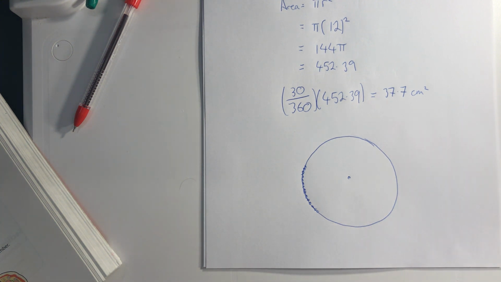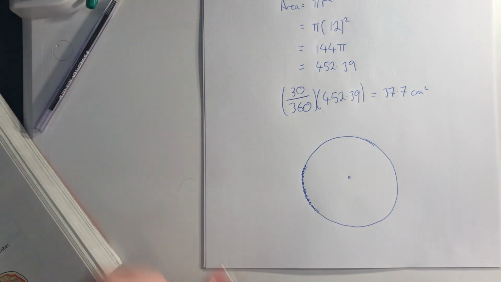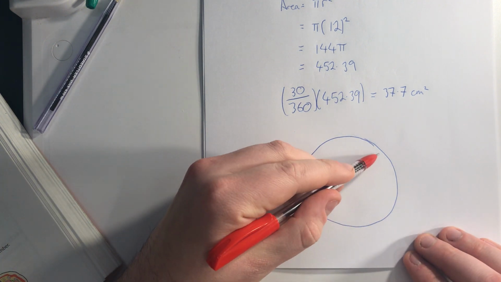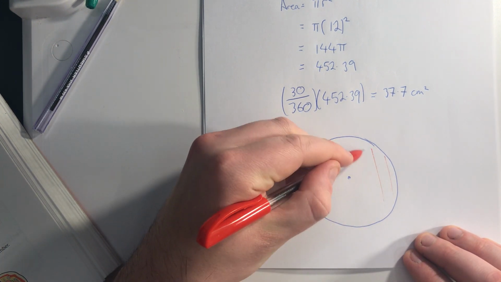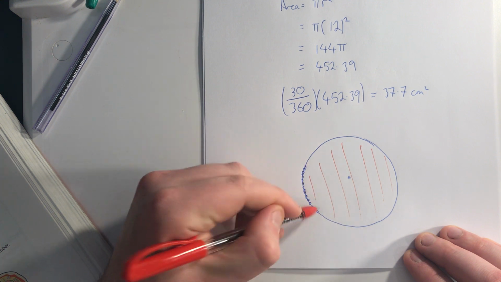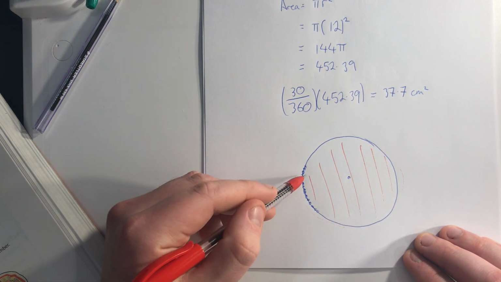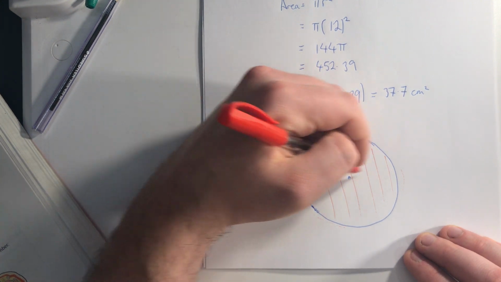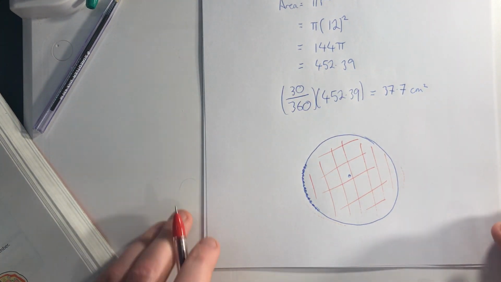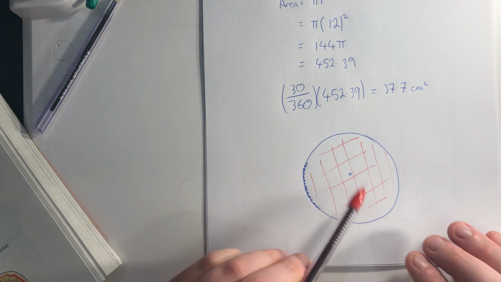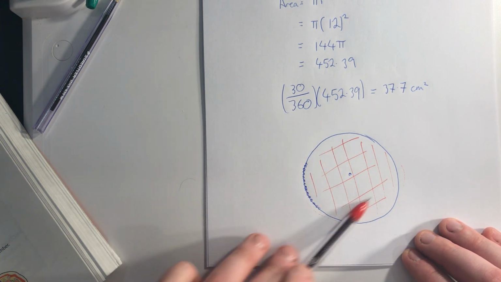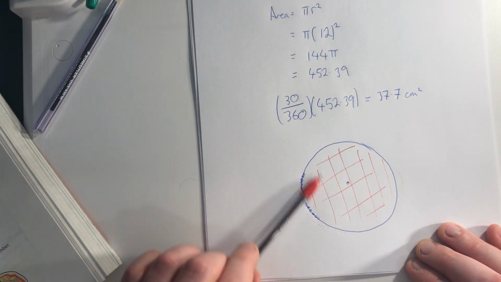So the phrase I should have said was, we find the area of the disk. So the disk refers to the space contained by this circle. So it's a technical point, but it's probably better that we use the correct words, okay? So this space here, that's a disk.